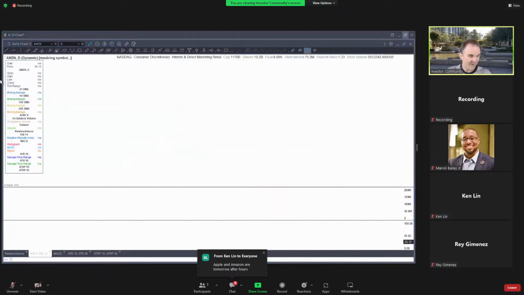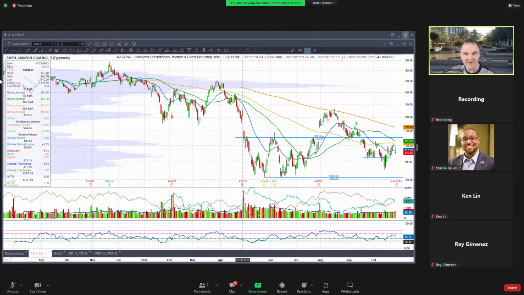With Apple and Amazon coming, that's another reason it would have been difficult. You're looking at all the gains you had today in the market, and Meta's coming after hours, and you've got Apple and Amazon the day after. It's not surprising to see some selling on all of that, right?